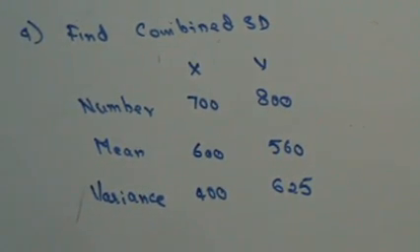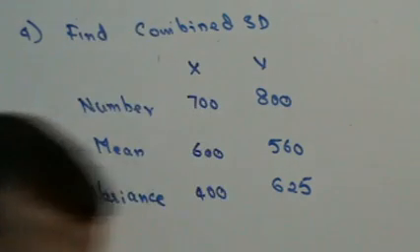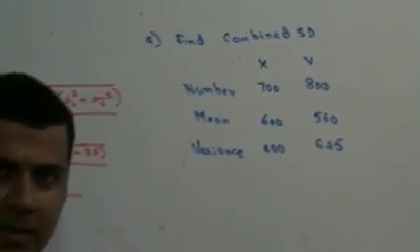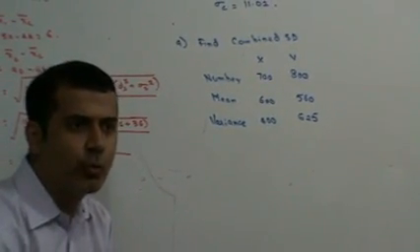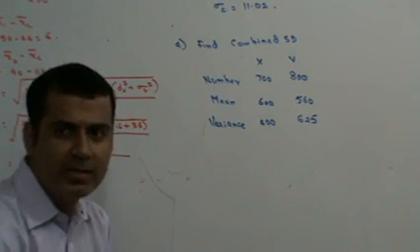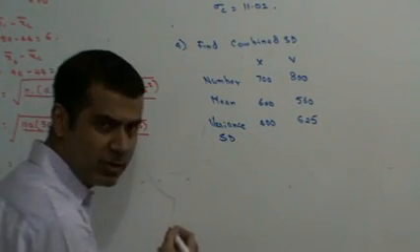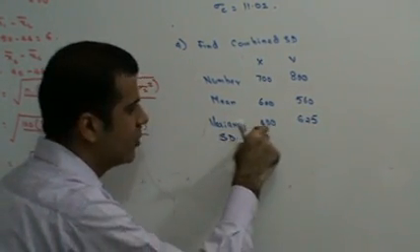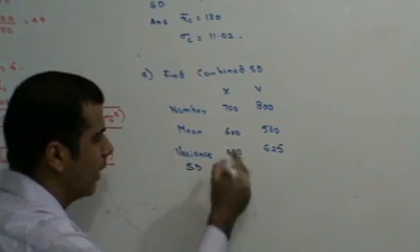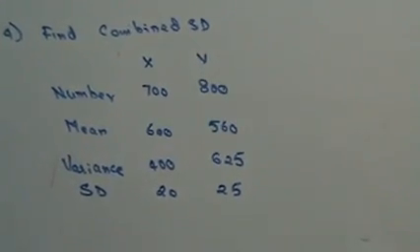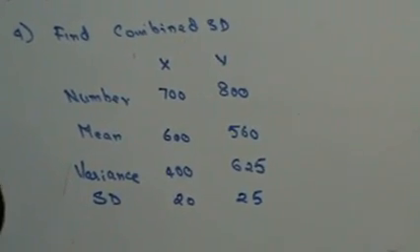The new thing in this sum is that they have given you variance. When variance is given, how do you find out standard deviation? Standard deviation is nothing but the square root of variance. So square root of 400 is 20, square root of 625 is 25. That's another way in which the examiner could turn the sum.